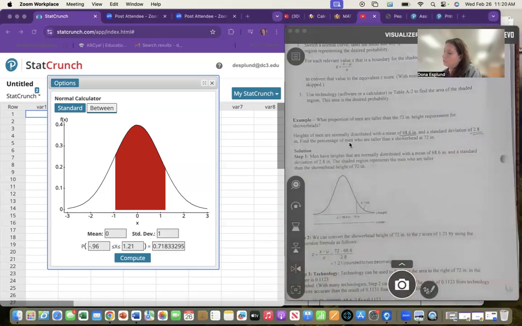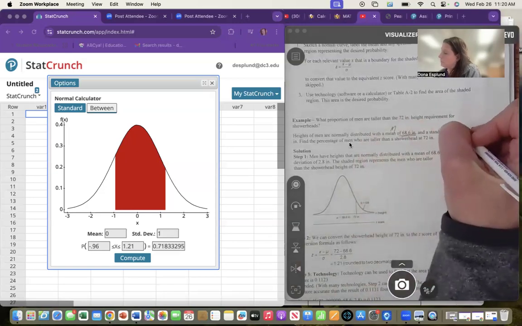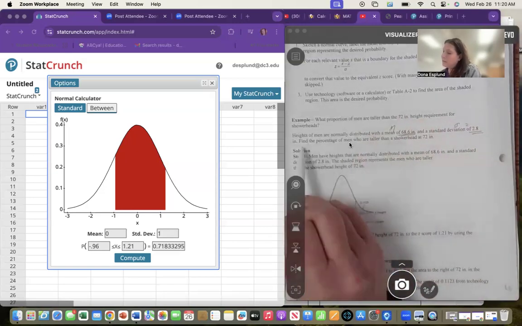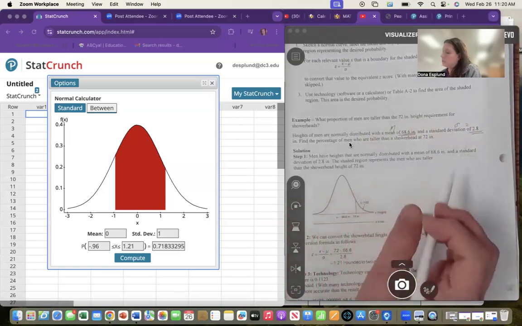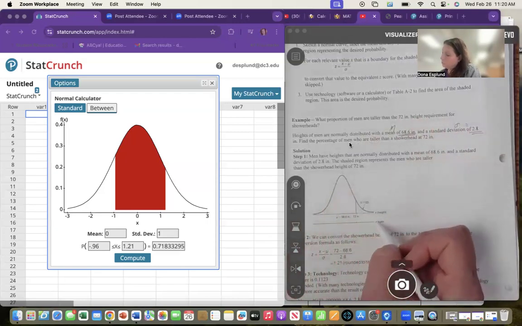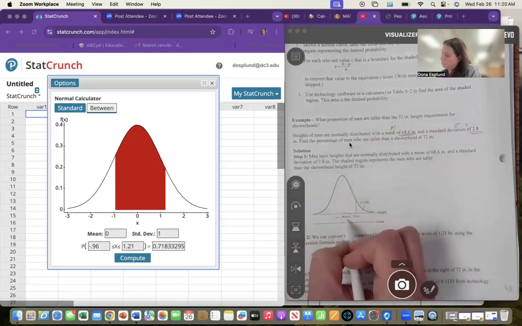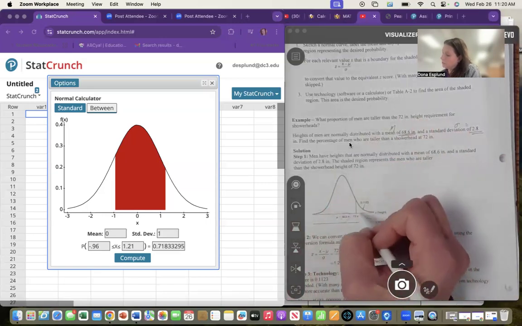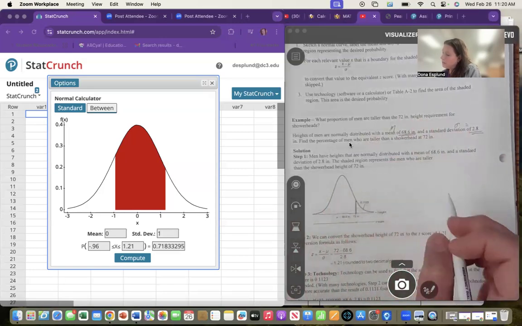Again, that's the mean, and this is the standard deviation. Then find the percentage of men who are going to be taller than the shower head at 72 inches. The normal distribution curve that you're looking at has a mean listed here at 68.6, and the 72 inches falls to the right of that mean.